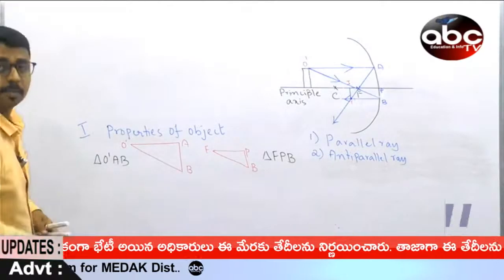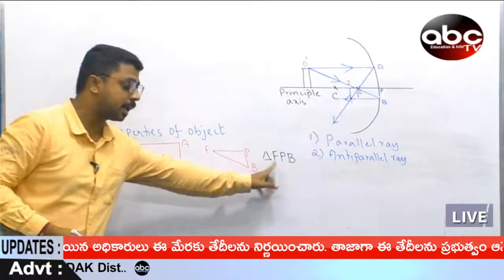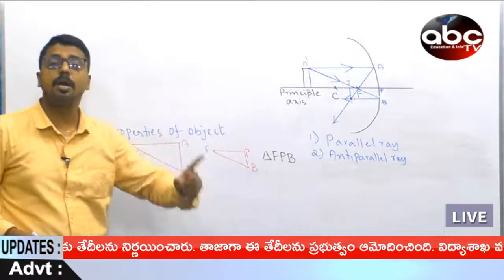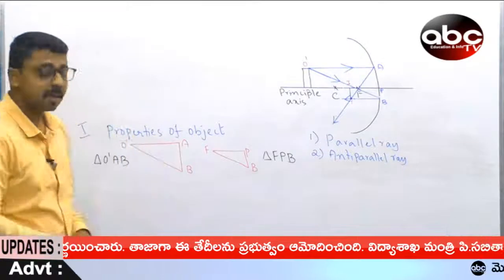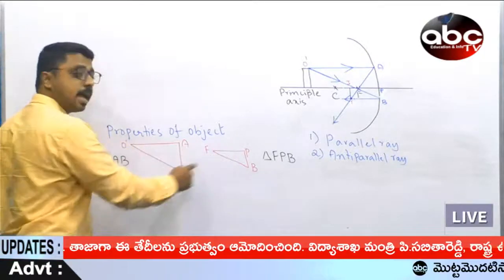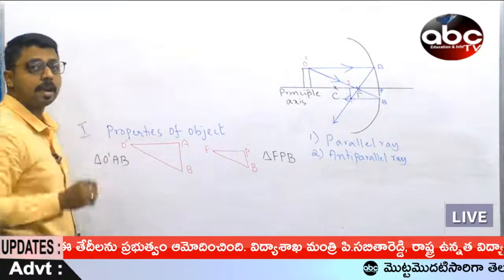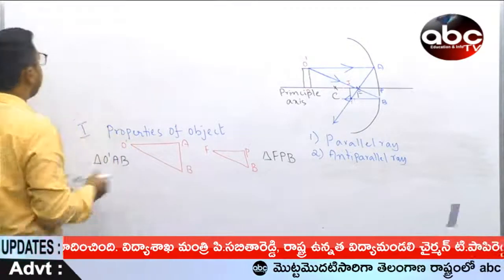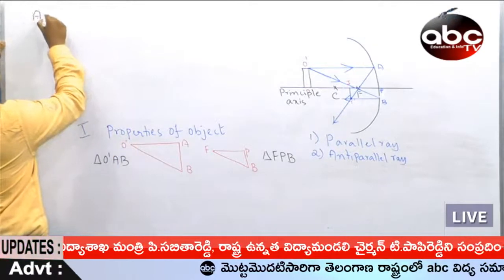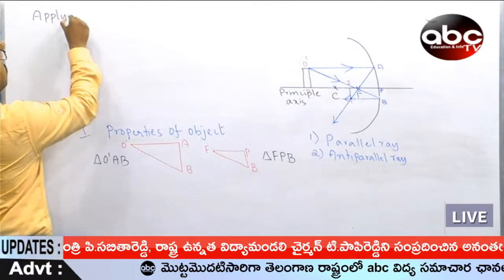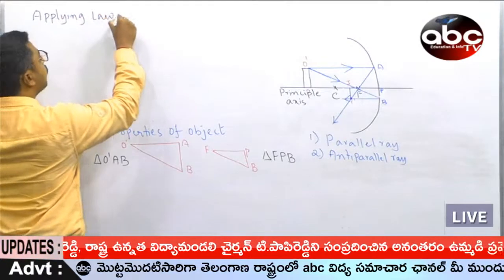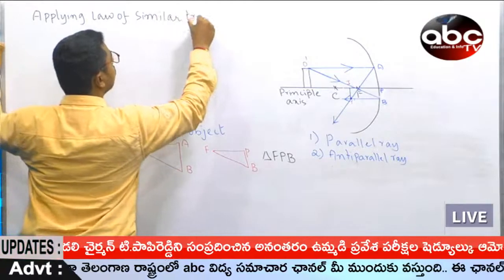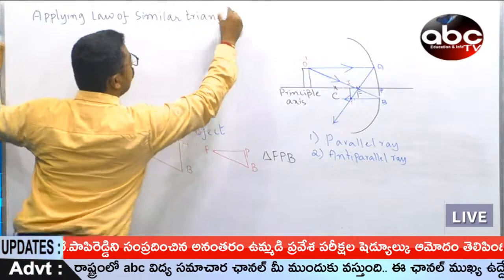So listen children, what are we going to do? In these two triangles, I am using the concept of similar triangles. According to the law of similar triangles, what are they? They are also similar triangles. This is a bigger triangle, this is a smaller triangle, but both are right angled triangles. Therefore, applying the law of similar triangles, what are we going to get?